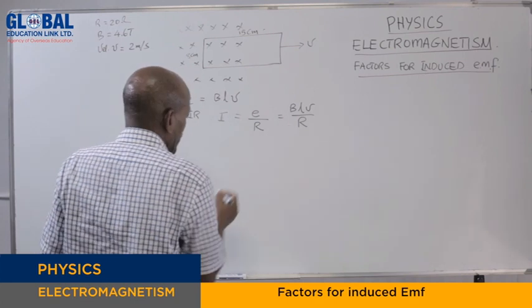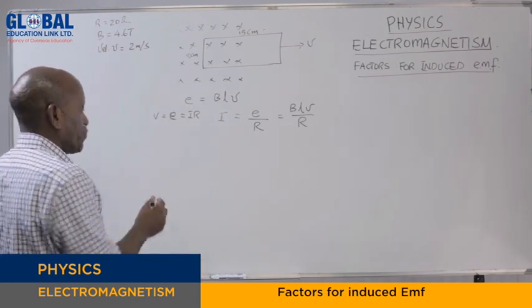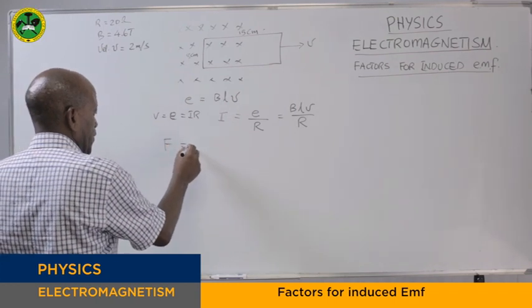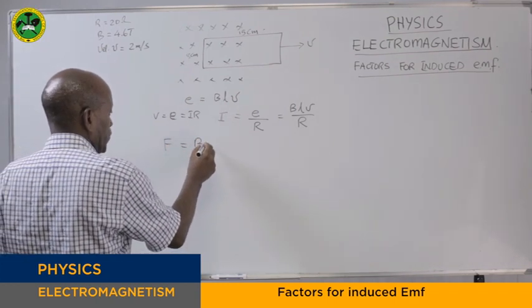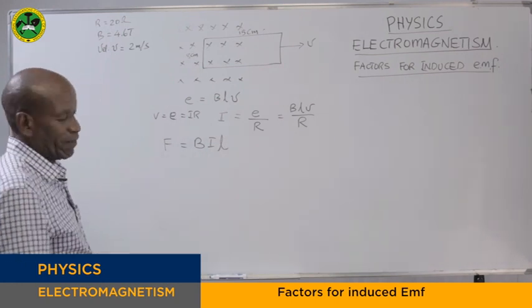Now having obtained this, we know that the force in a magnetic field is equal to the magnetic flux density times the current times the length of the conductor.